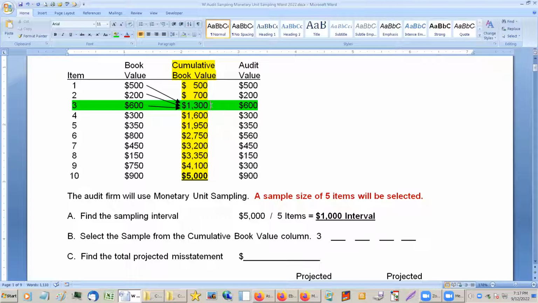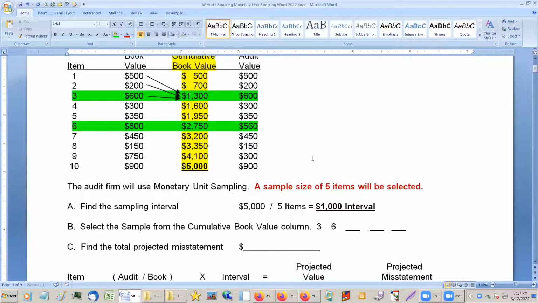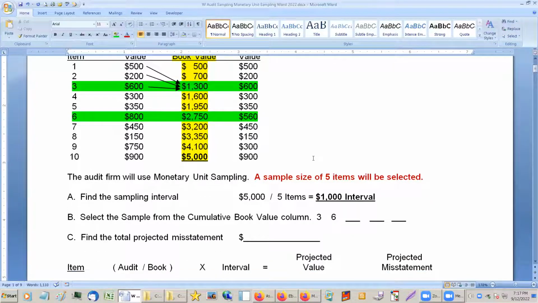Okay, now we want the one that goes past 2,000. Which one goes past 2,000? Number 6. So we're going to pick that one. And the one that goes past 3,000, 7.